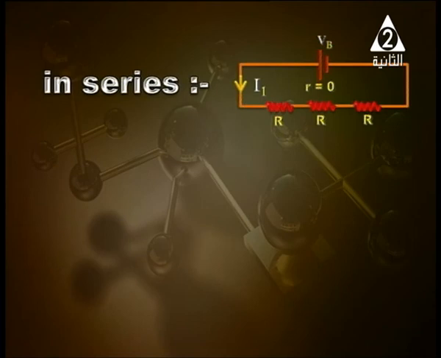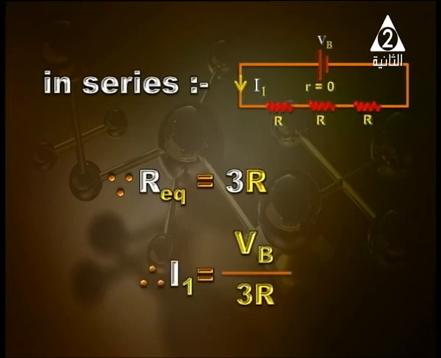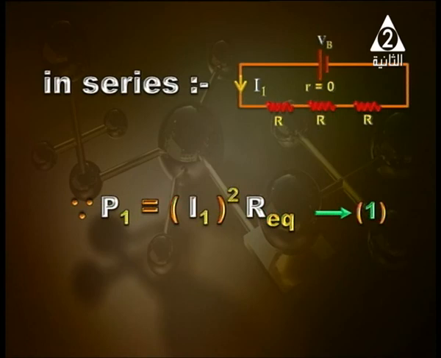In series connection, we'll calculate the power. First of all, we need to calculate the total resistance. R equivalent equals 3R. Current I1 equals V battery over R equivalent, over 3R. So I1 equals VB over 3R. Power is given by the expression I squared R, for the whole circuit it is I1 squared times R equivalent.